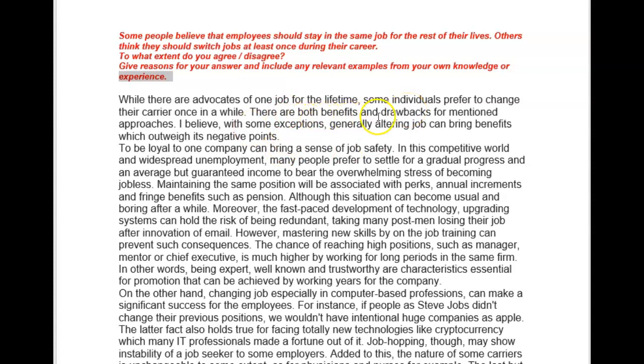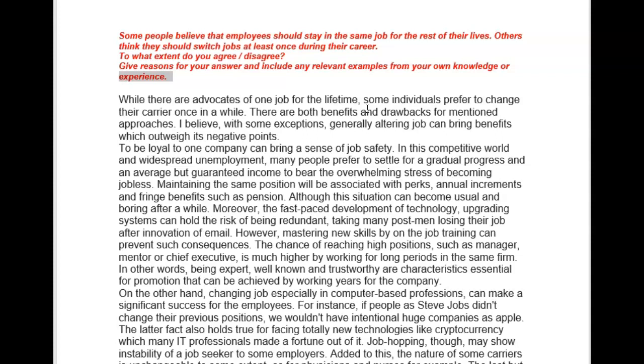Let's do it like this: "There are benefits and drawbacks to both approaches, yet I believe, with some exceptions, generally changing jobs can bring benefits which outweigh its negative points." I think that makes such a stronger sentence. So you can try altering it like that. All right, let's move on.